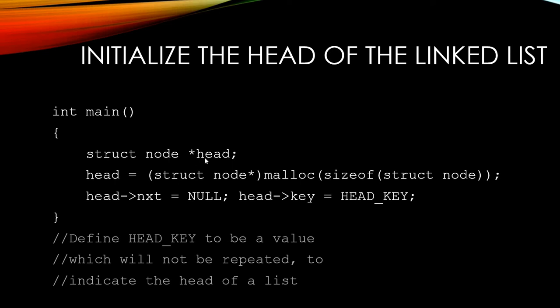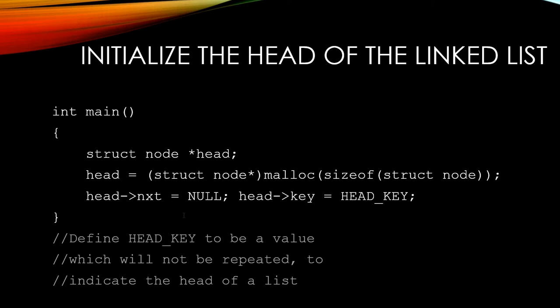A pointer type, node type, and it's also a pointer. So we are converting the memory to a structure node pointer. And what size? We need exactly the size of a node, right? So this is what we are giving it: sizeof struct node.